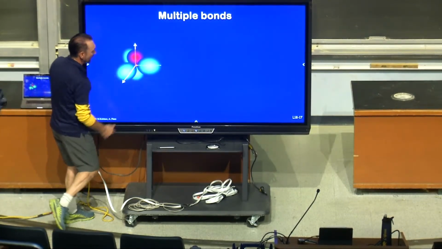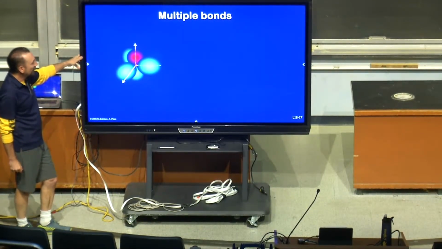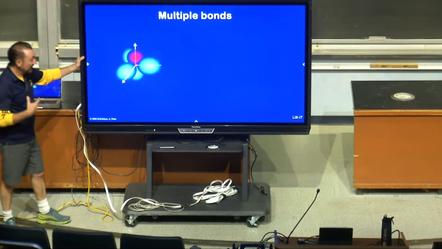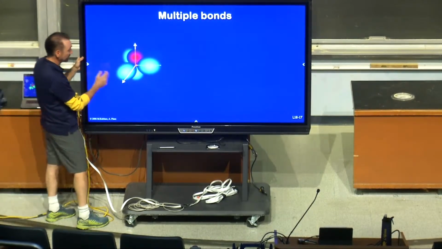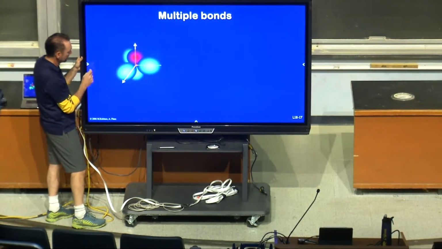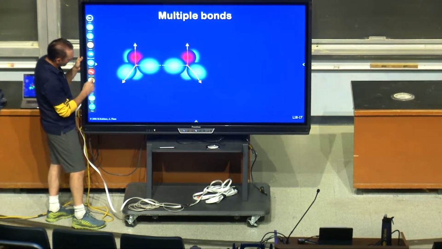So here we are. We're in perfect conditions to talk about the multiple bonds, because we can have double bonds, but we're primed to see why that happens. So here is the carbon with the sp2 hybridization. So let's make it a little more obvious.